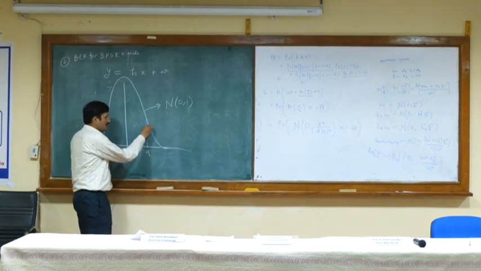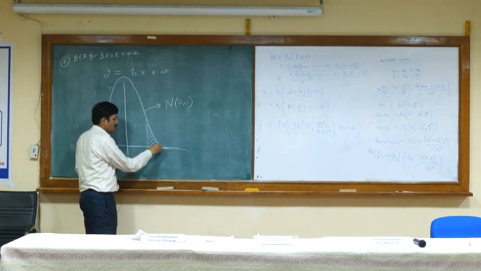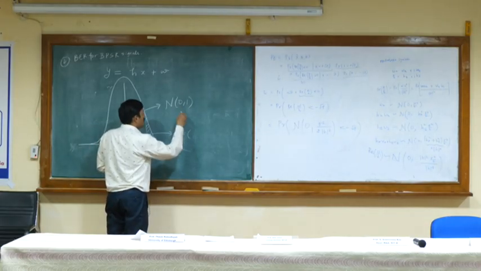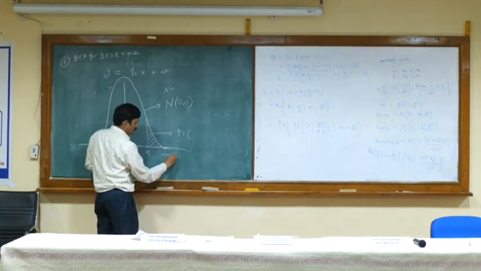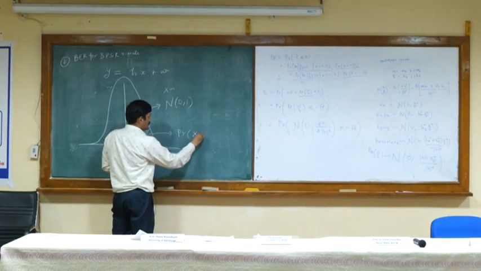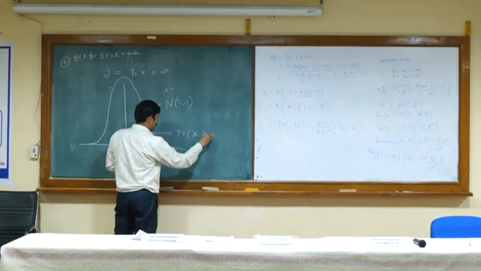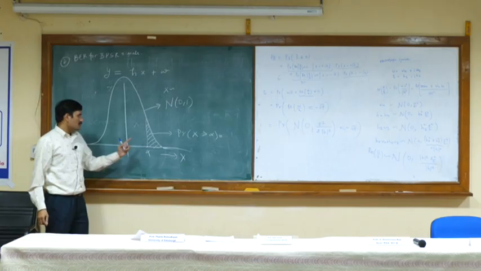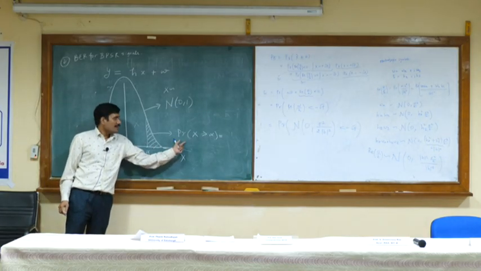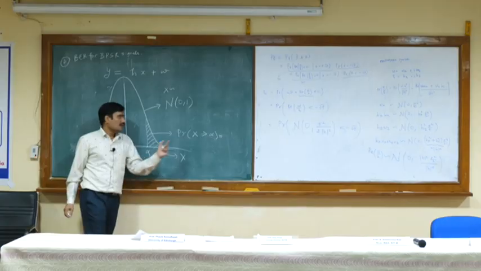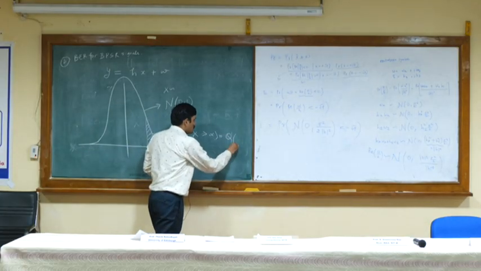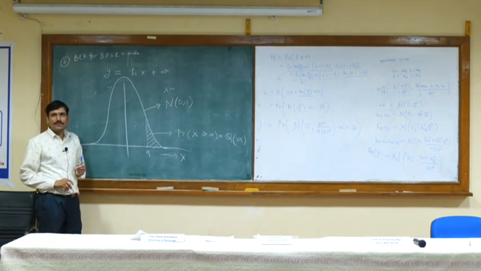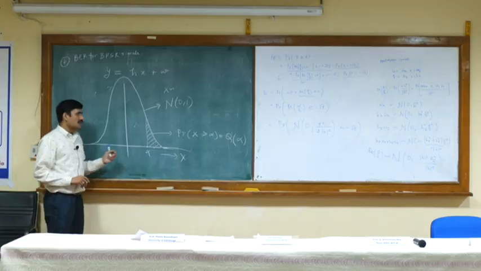This value I can denote by the probability that X is greater than alpha. So this area will be denoted by the probability X greater than alpha, and I can write this as Q of alpha. Okay. This part is clear?